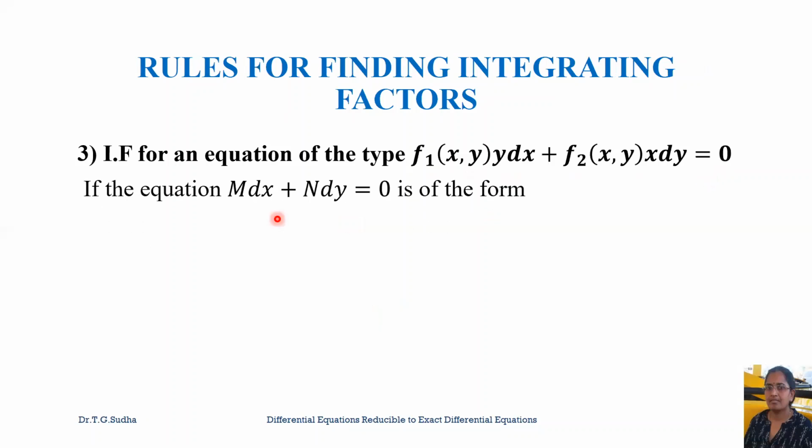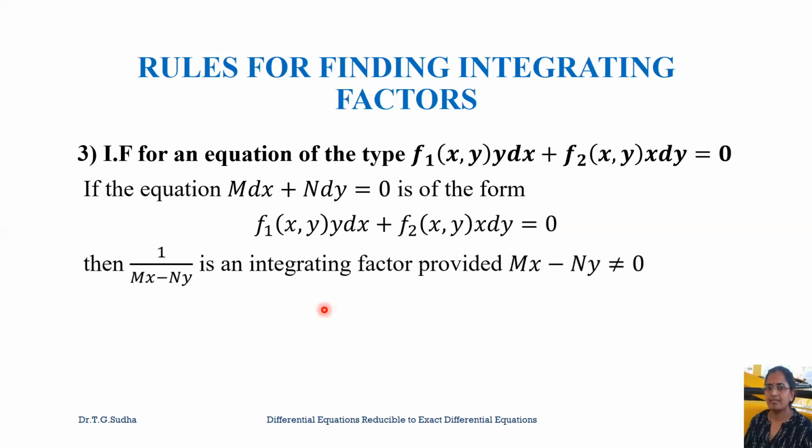If the equation Mdx + Ndy = 0 is of the form f1(x, y) y dx + f2(x, y) x dy = 0, then 1 over (Mx - Ny) is an integrating factor, provided Mx - Ny is not equal to 0.